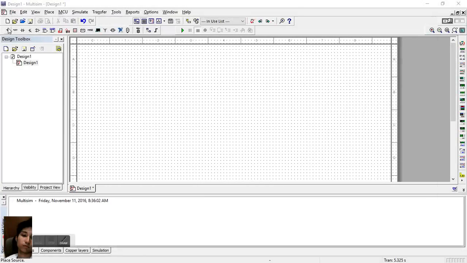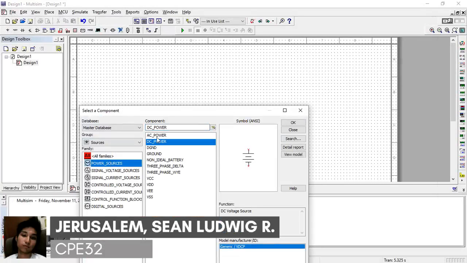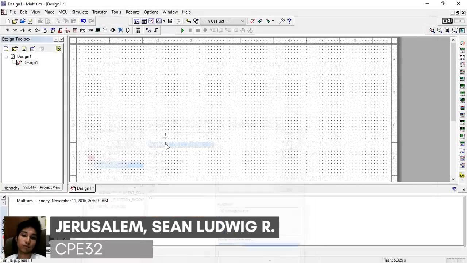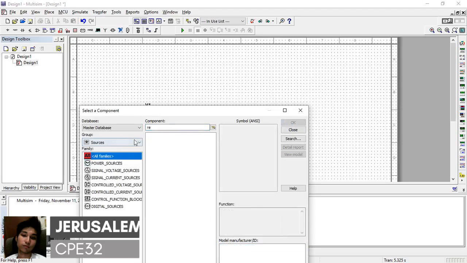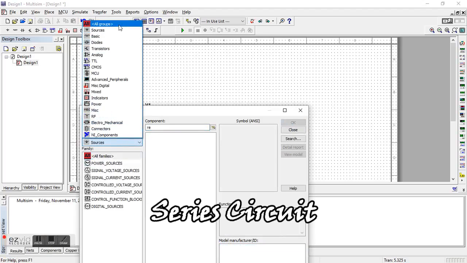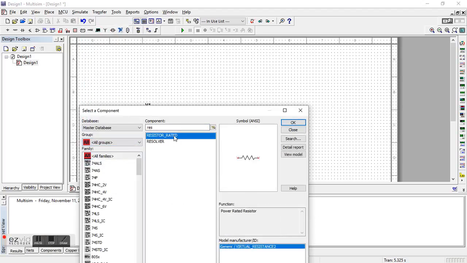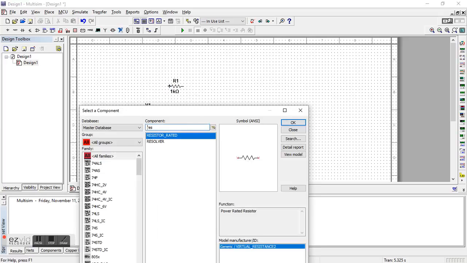So for this circuit, we'll use DC power. So we'll put our DC component, DC supply, and then we'll search for a resistor and put it in the circuit. And then we'll search for a capacitor.